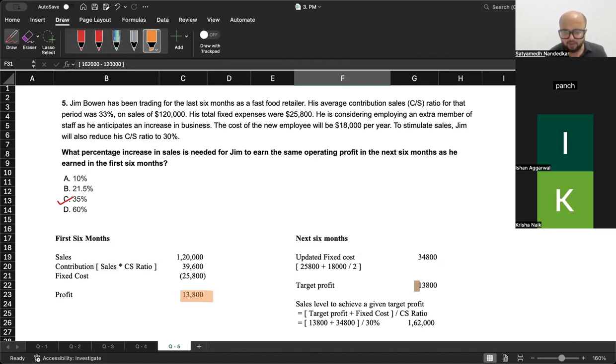You want the same target profit for the next 6 months. So what will your fixed cost be for the next 6 months? Halve his salary. So if you want the same profit, then your 13,800 is fixed, but your fixed cost value will also change, because that person's 18,000 is his per annum salary, right? And we only need 6 months right now. Yes, sir. Okay?